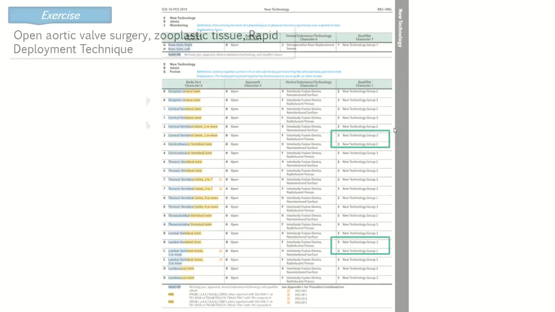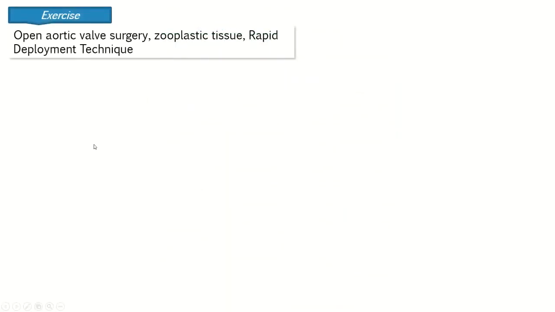So I just don't want to go too deep, but here's what a new technology scenario will look like. Open aortic valve surgery, zooplastic tissue, rapid deployment technique. What do you think the new technology is?